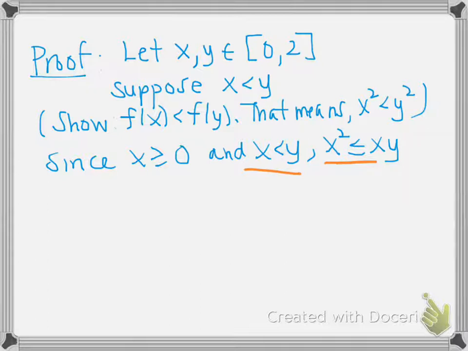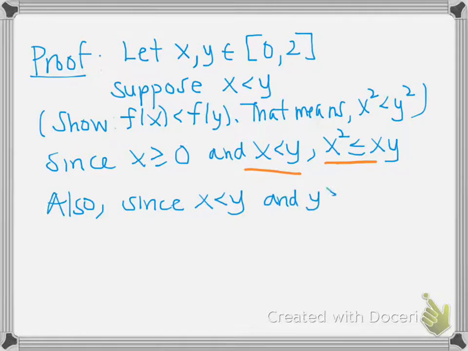Also, since x is less than y and y is greater than 0, then we have x times y is less than y squared.